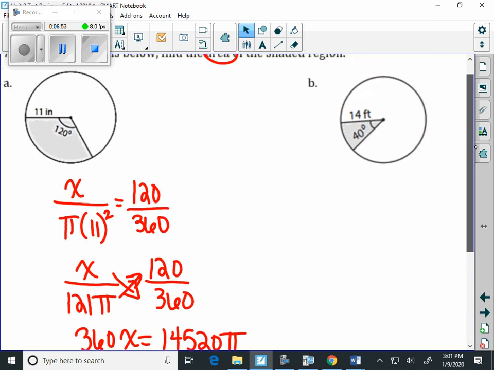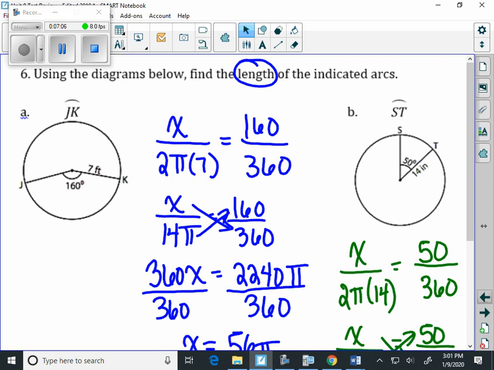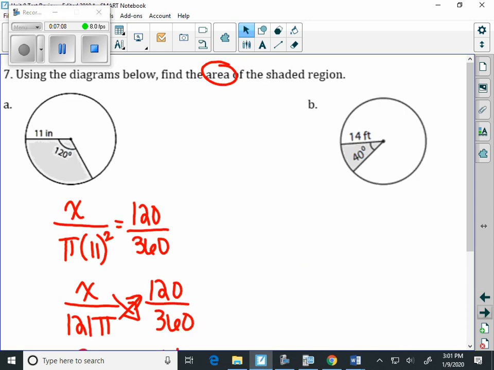Again, watch out for what we're looking for. Find the area, find the length. They look like remarkably similar setups, and that's why I circled that, because length means that we're going to be using circumference, like we did on problem number 6. Area means that we're going to be using area.